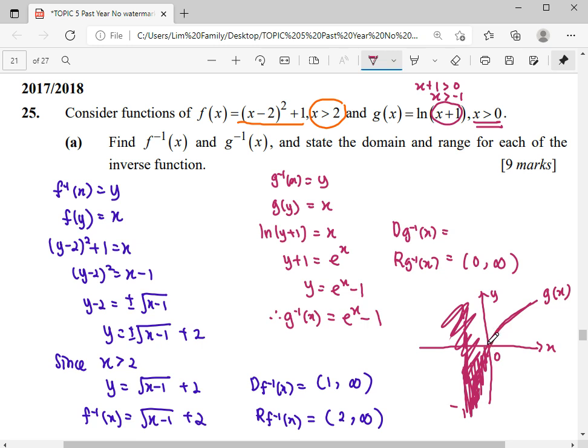So the most minimum value here is 0, until infinity, because the graph still shooting up non-stop. So 0 to infinity, not included, because the first point 0 here also not included. So supposedly here is an empty circle and the graph shoot up. So this is how we get our domain and range.